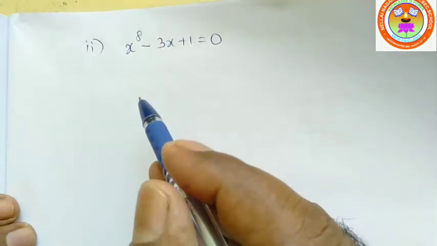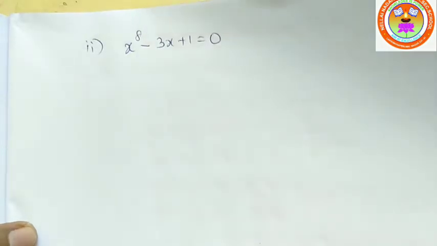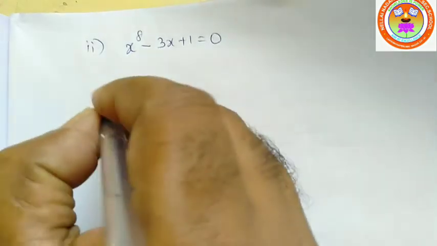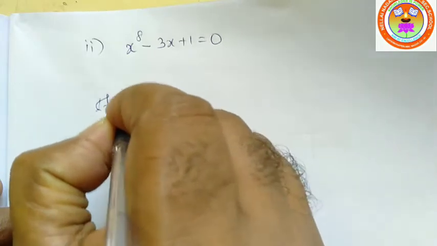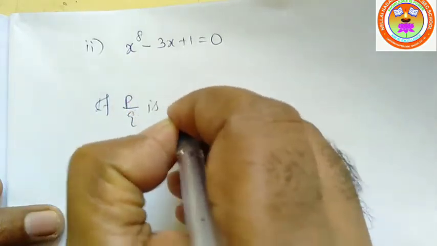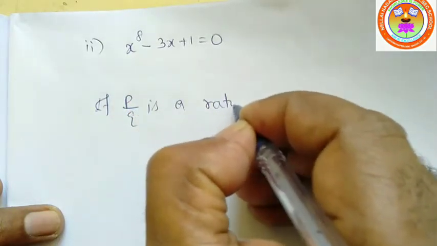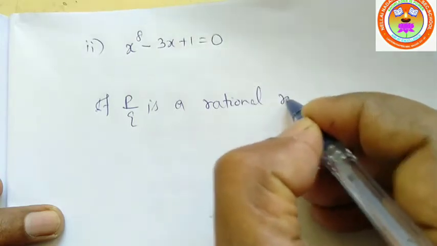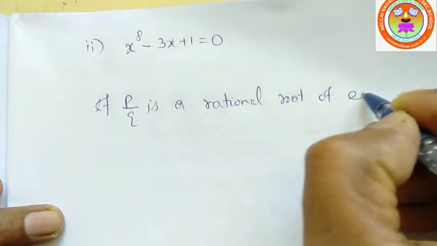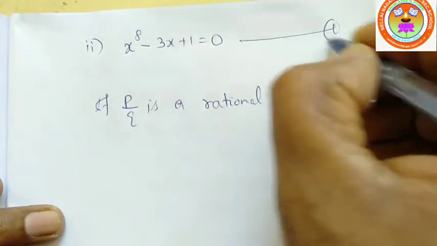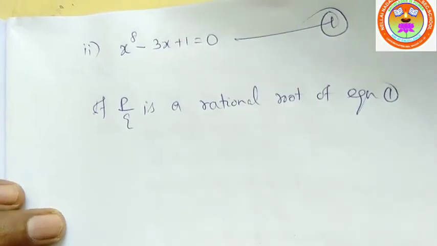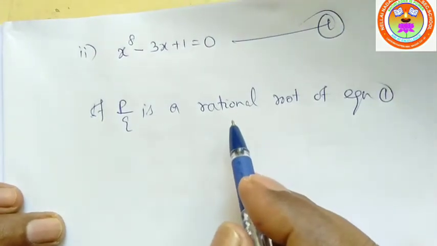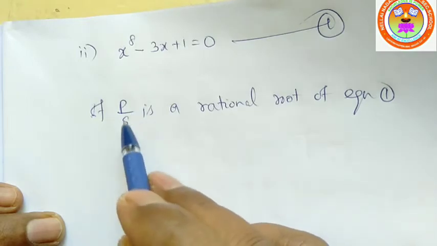See, according to the rational root theorem, we know rational numbers are in the form of P by Q, right?